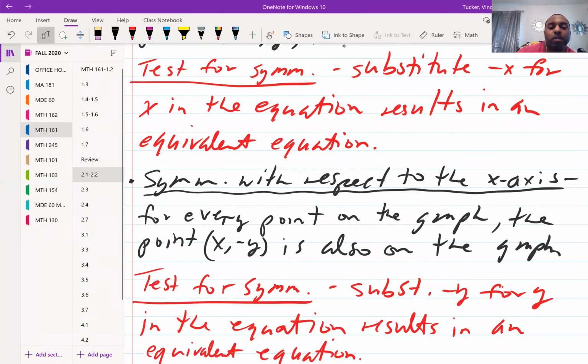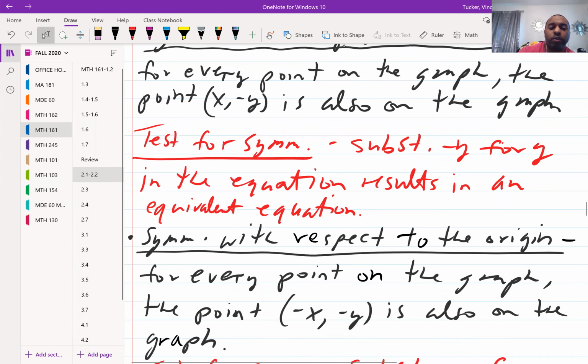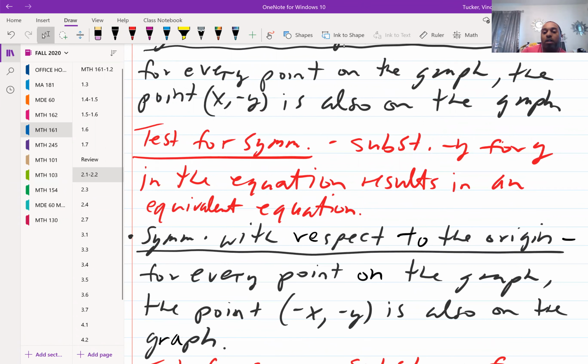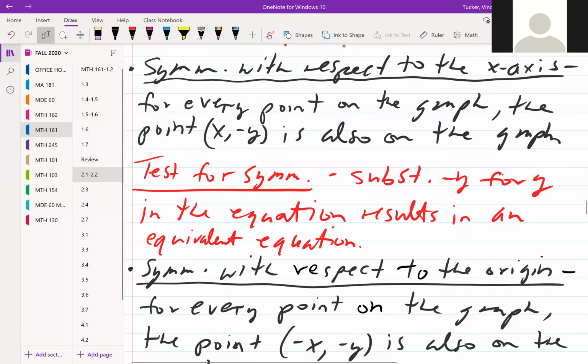All right. And then the third one, symmetric with respect to the origin. For every point on the graph, the point negative x, negative y is also on the graph. Could you scroll up just a little bit? I missed the symmetry with respect to the x-axis. Oh, x. Yeah.